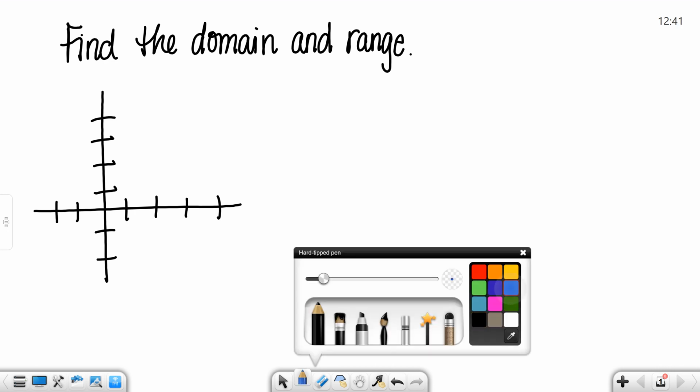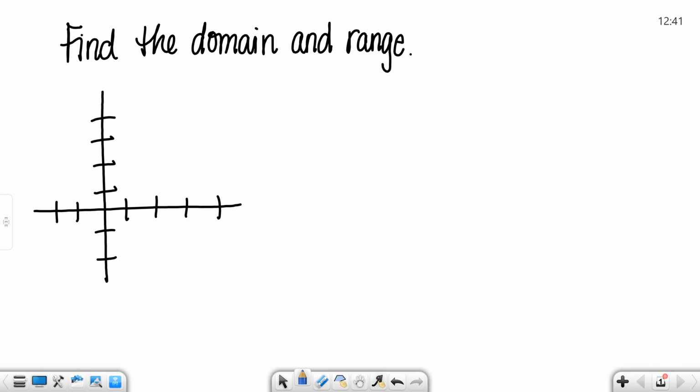I'm going to draw my graph in a different color just so it's very clear for you to see. All right, so here is a graph. It's got a funny looking little curve. And we are asked to just tell what are the domain and range.